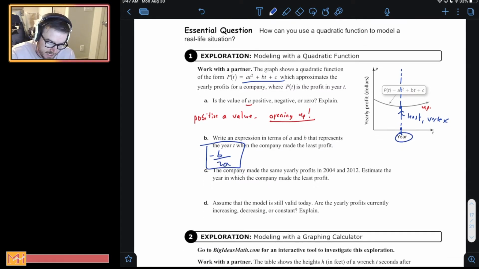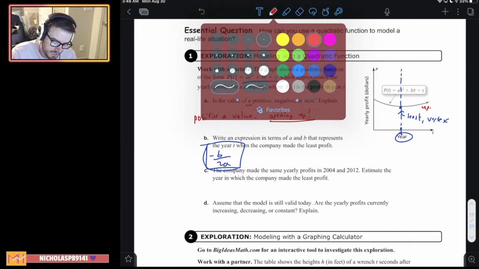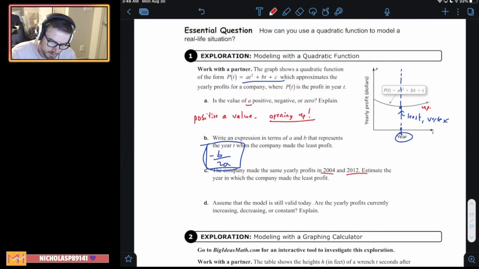The company made the same yearly profits in 2004 and 2012. Estimate the year in which the company made the least amount of profit. So this is the equation for the year when they made the least amount of profit, but they gave us some more specific numbers here. What they're revealing to us is the symmetry.